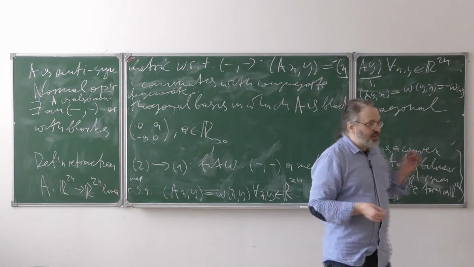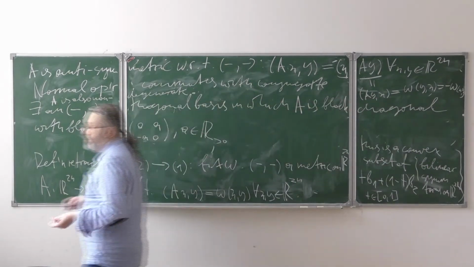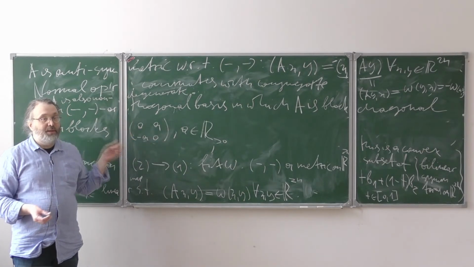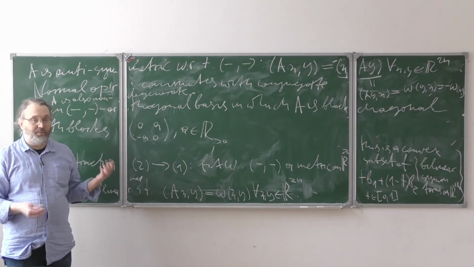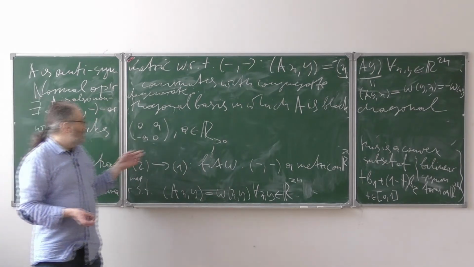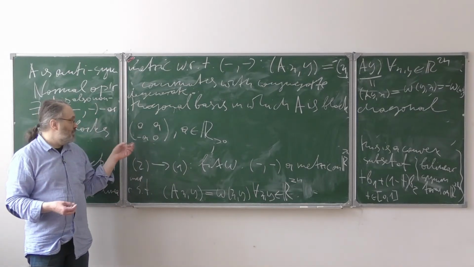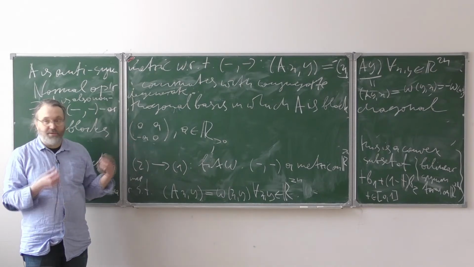Okay, now my claim is it's clear from this formula that the square of A is not necessarily minus the identity. The square of a block like this one is minus a squared times the identity.